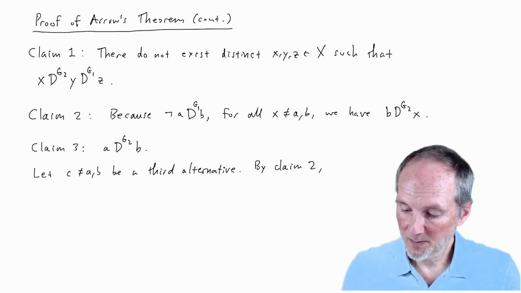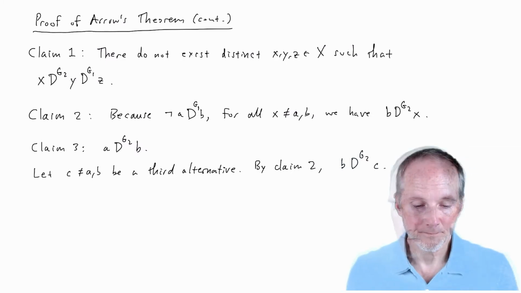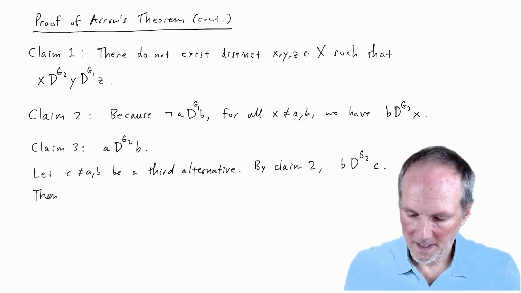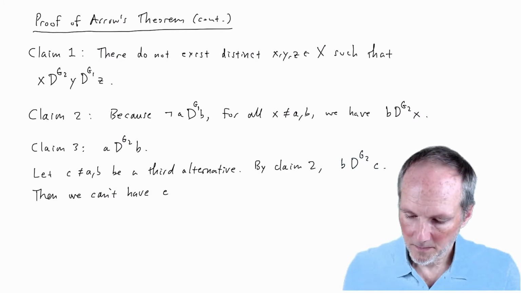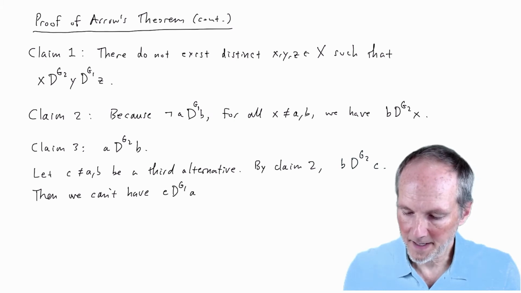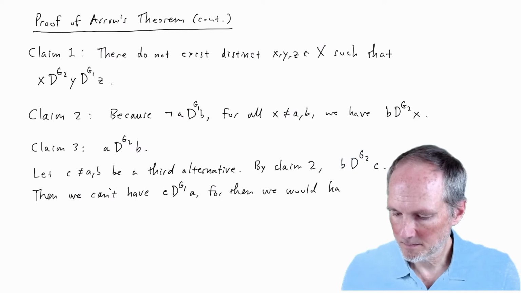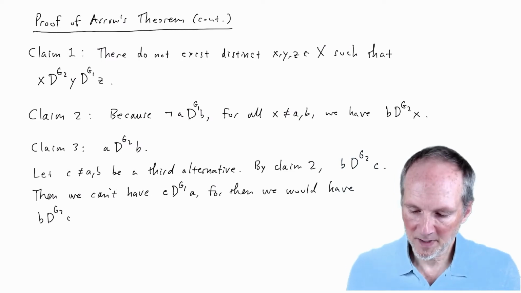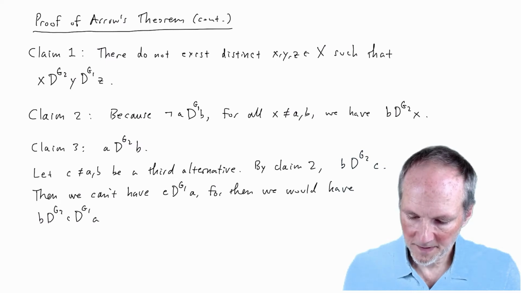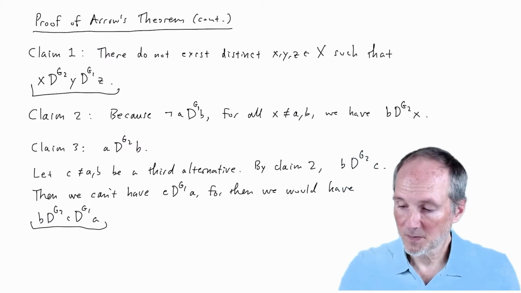So claim 2 directly implies that G2 is decisive for B over C. Now, notice that we can't have G1 being decisive for C over A, because that would give us a chain where G2 is decisive for B over C and G1 is decisive for C over A, but claim 1 says that you can't have a chain like that.